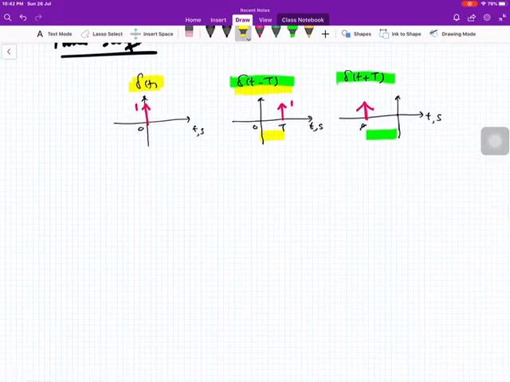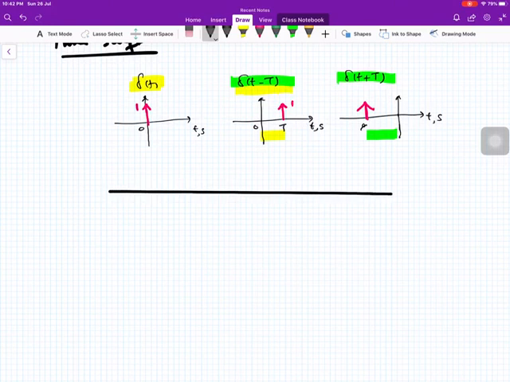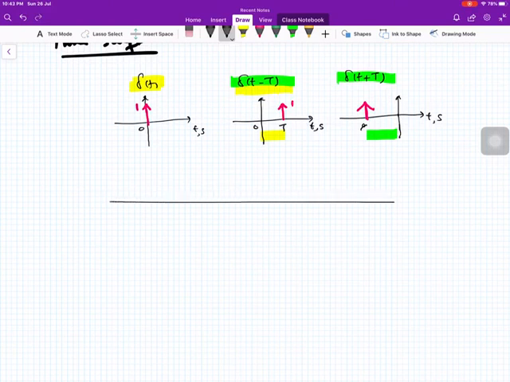Another interesting feature of this unit impulse function is that I'll show you only a brief introduction. This is say time axis, and this is say voltage V. What is this?